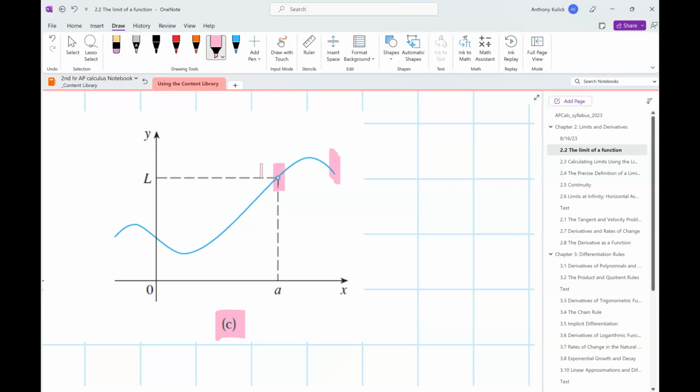However, if I come from the left, I can get as close as I want to L by taking values of x that are close to a. And I can do the same thing that way. Still the limit is L, even though f of a is not equal to L. In fact, if this wasn't pointing down, there could be no value of x that gives you the output L for the function, and the limit could still be L.